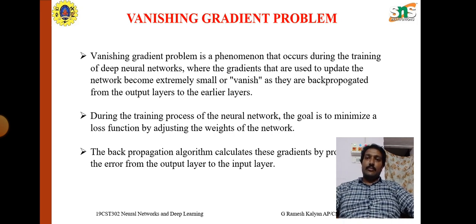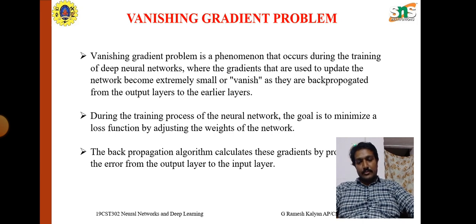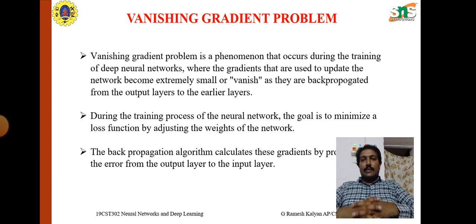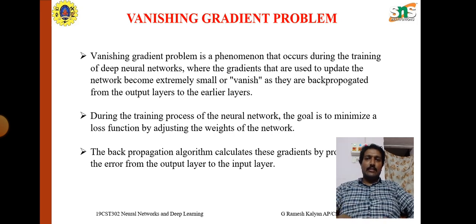So vanishing gradient problem occurs during the training of deep neural networks, when the gradients are being updated in the network.